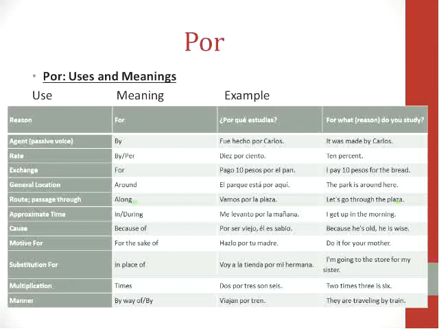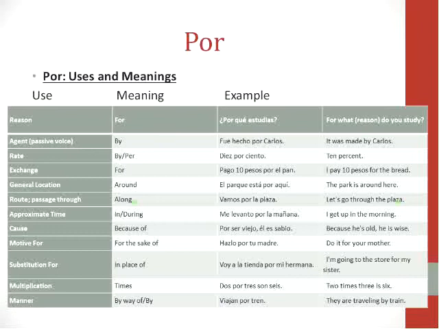It can indicate an approximate time and be translated approximately as in or during in this expression. Me levanto por la mañana. Me levanto por la mañana. I get up in the morning. It can indicate cause in this expression. Por ser viejo, él es sabio.